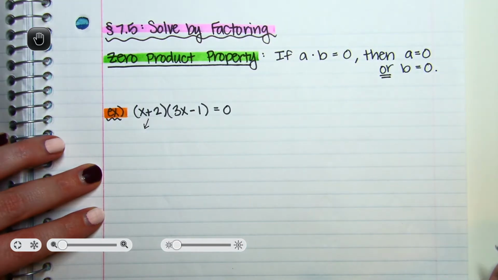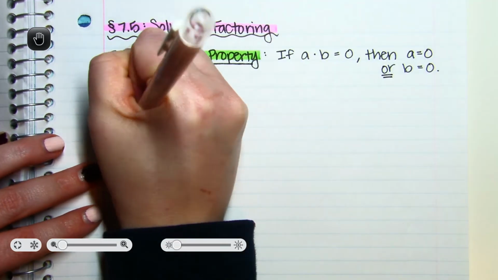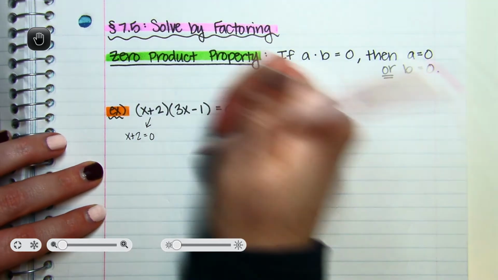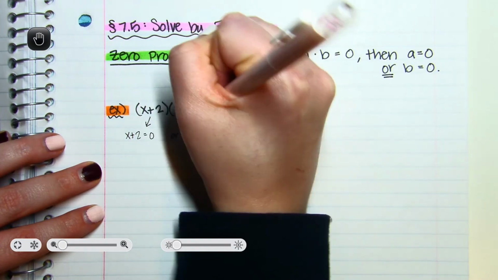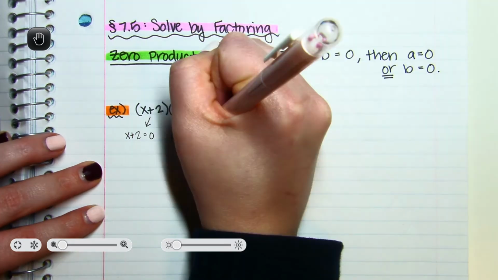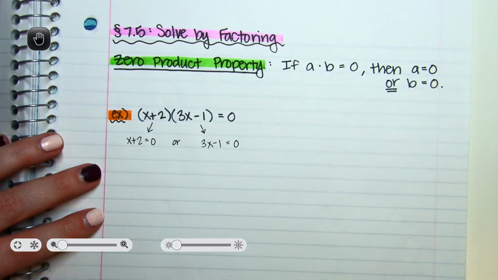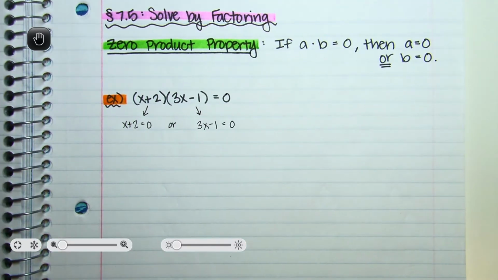this means that either the first one, x plus 2, equals 0, or the second one, 3x minus 1, equals 0. And then we solve both of these for x.